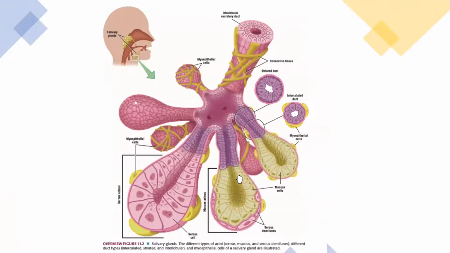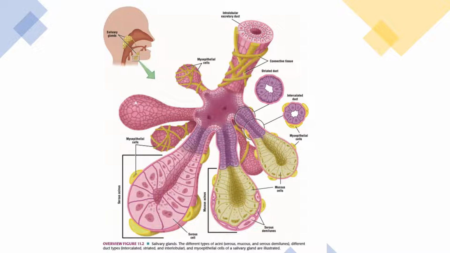Around the serous and mucous acini, we have a group of cells which we call myoepithelial cells. The myoepithelial cells are associated with the epithelium of the acini, between the epithelium and the basement membrane. They have the characteristics of muscles.